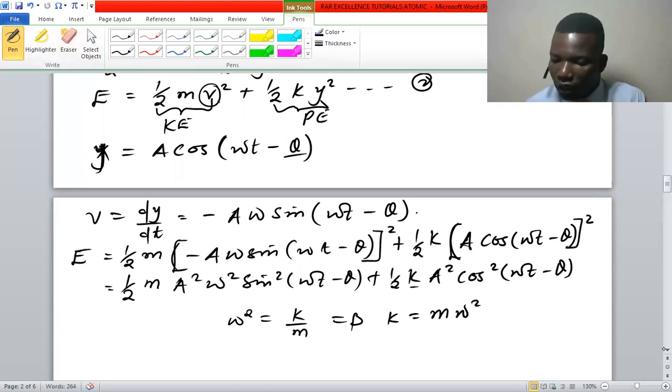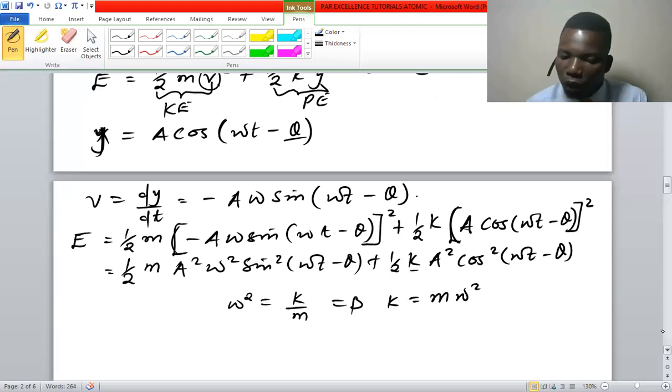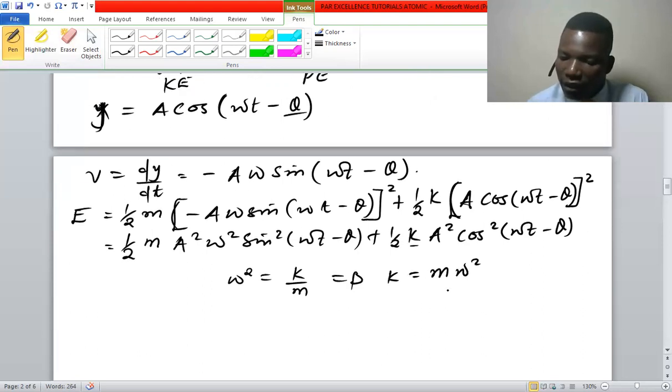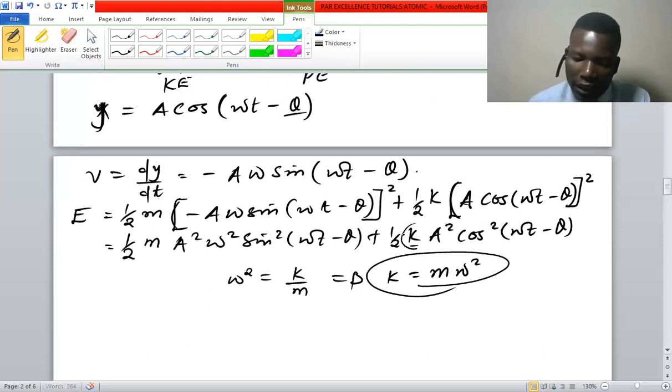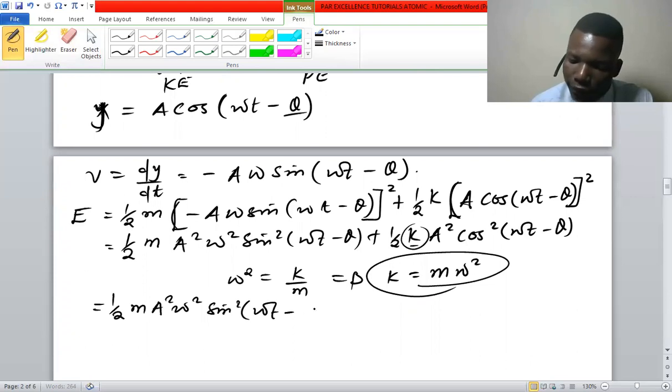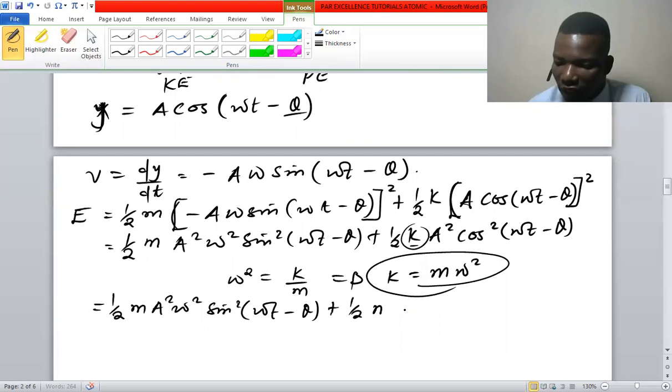So now we replace this into k, where there is k there. So we have half m a squared omega squared sine squared, plus half, where there is k, we have m omega squared a squared cos squared.